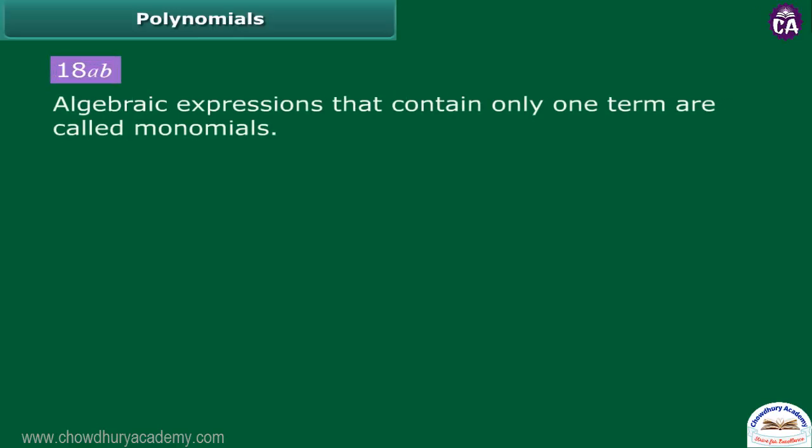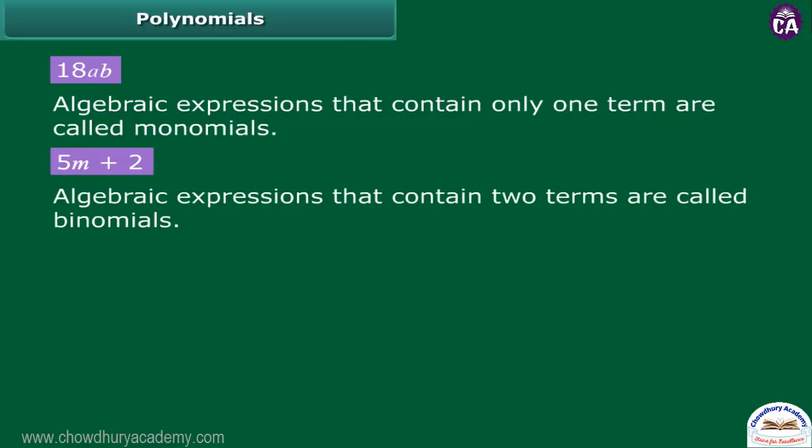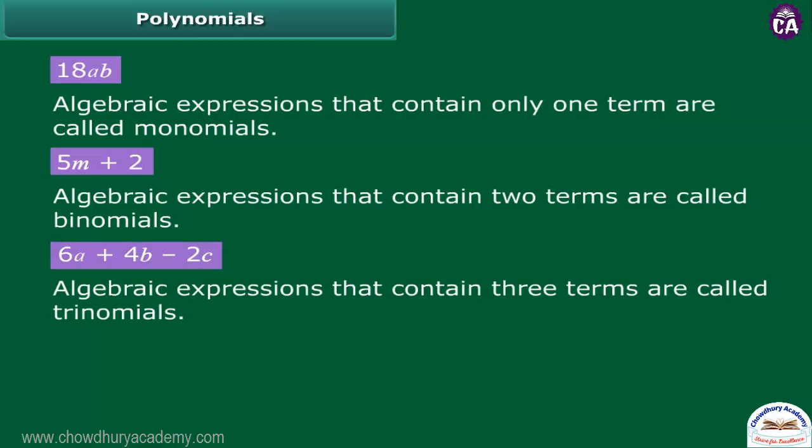Children, see this algebraic expression. It has only one term. This type of algebraic expression is called monomial. Now, is 5m plus 2 a monomial? No, it has two terms. This type of algebraic expression is called binomial. The expression 6a plus 4b minus 2c is not a binomial because it has three terms, right?